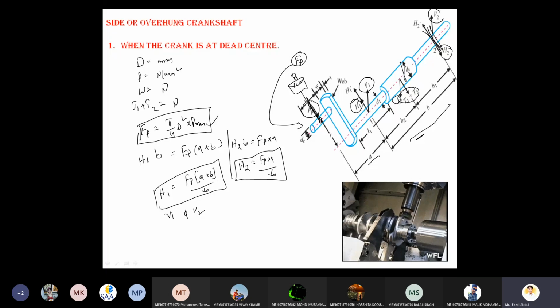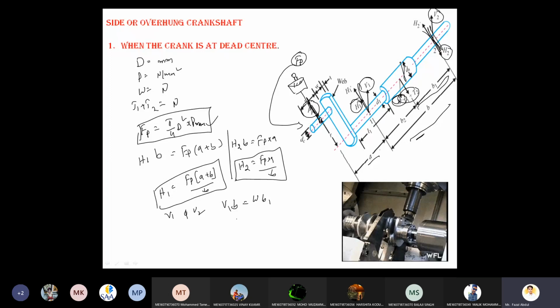So taking moment about this side, V1 into B equals W into B1.